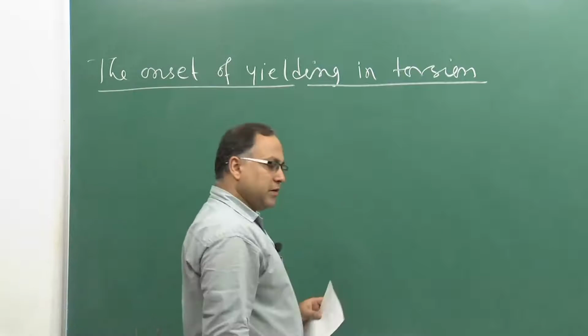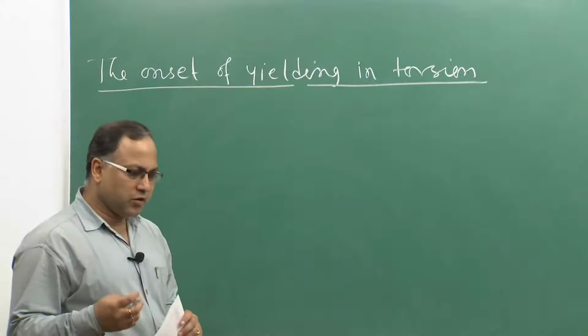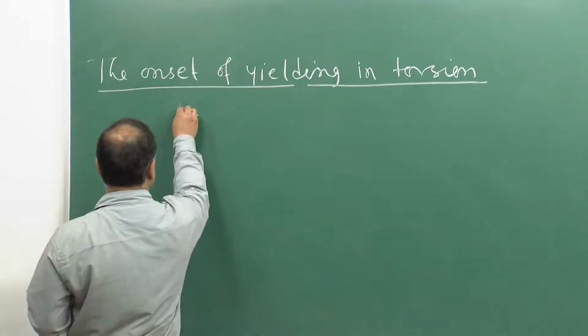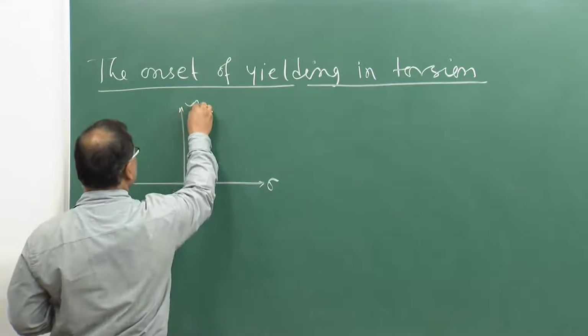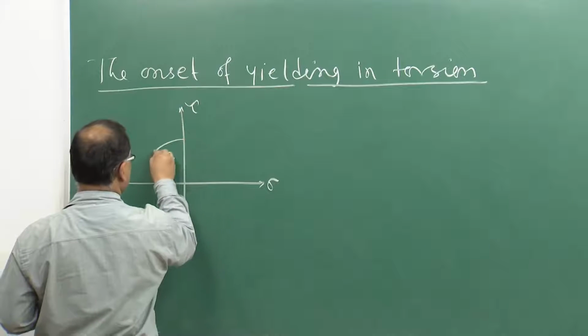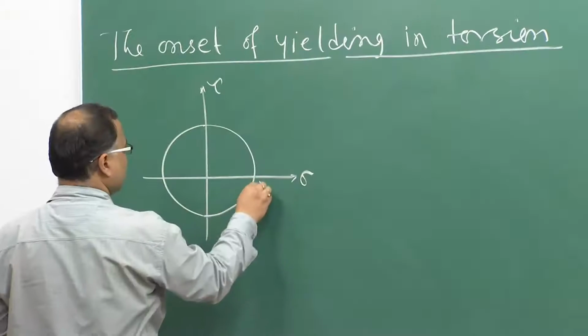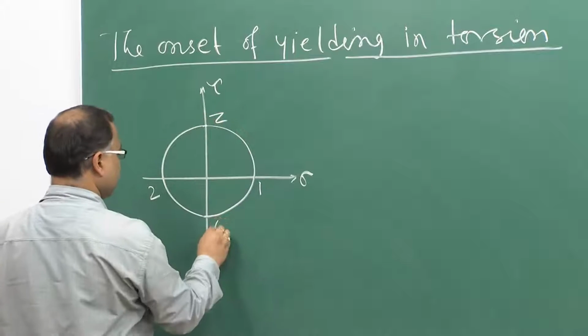Now, in the previous figure you have seen that if I try to get the Mohr circle for the state of stress developed in torsion, it will look like this. This is my sigma-tau axis, and this is the Mohr circle. This is 1, 2, and this is z and theta.